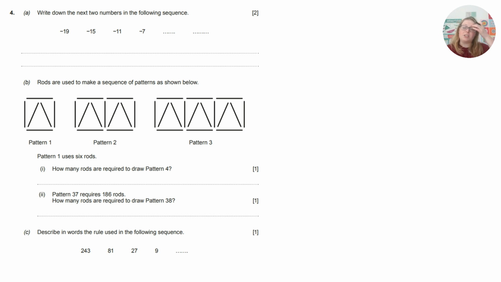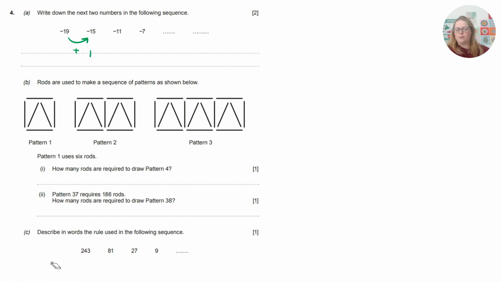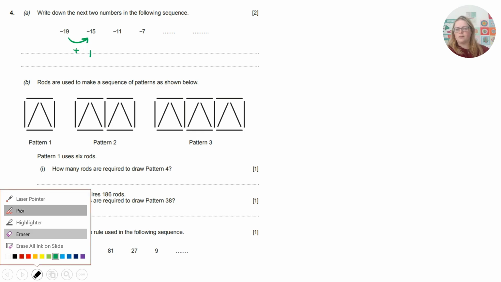Now we're on to the last question. This one is on foundation, and it's also on intermediate. It says write down the next number in the sequence, so work out what's happening each time. From 19 to 15, I'm adding 2. Oh, adding 4, mind my maths. Let's just change that. There we go, it's been a long day.